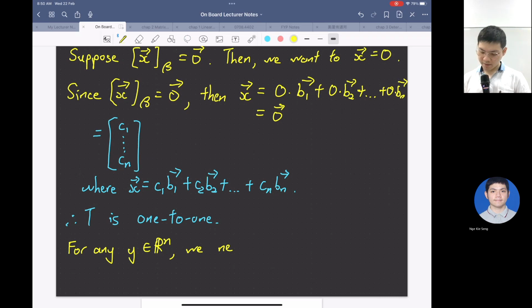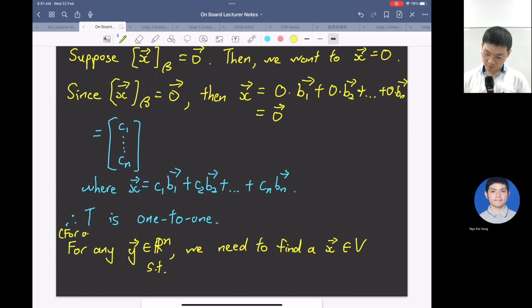For any y in Rn, we need to find x in V such that Tx is equal to what?